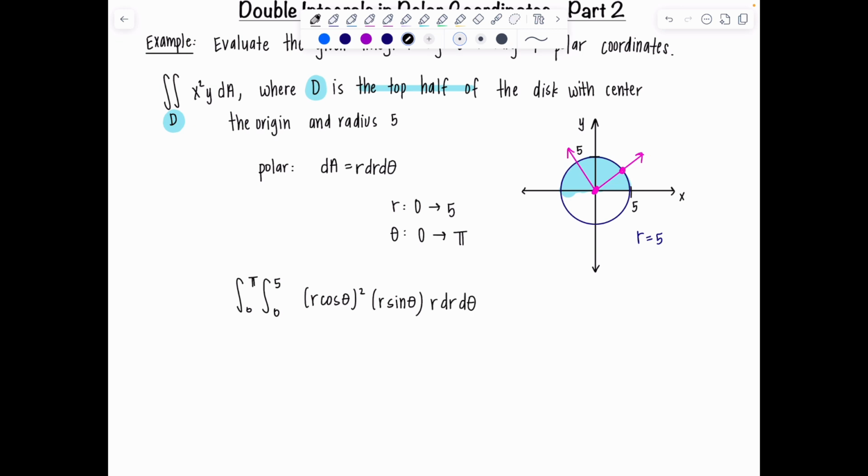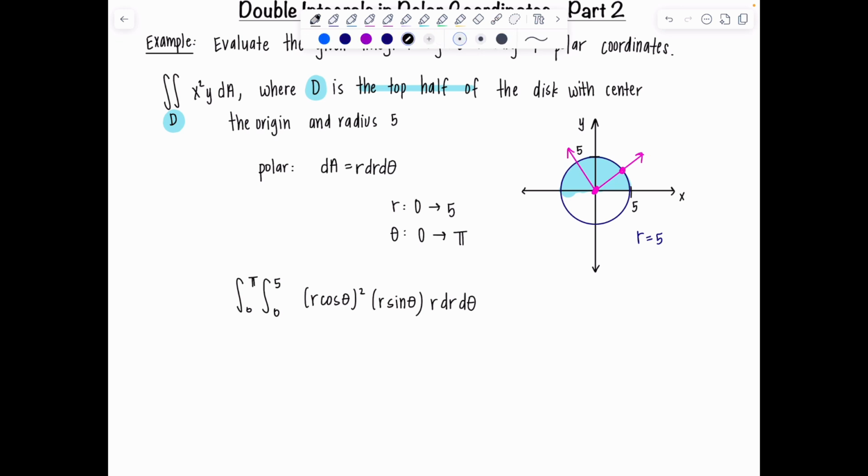Good? Okay. Now we have a fabulous theorem that tells us that when our limits of integration are all constants and the integrand is a product of functions of r and theta, or it could be x and y, depending on what region you're integrating over, we can split this into a product of two integrals, each of a single variable. So what does that mean?